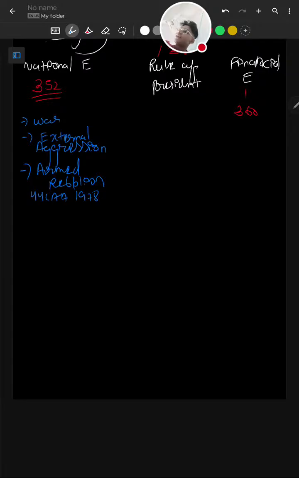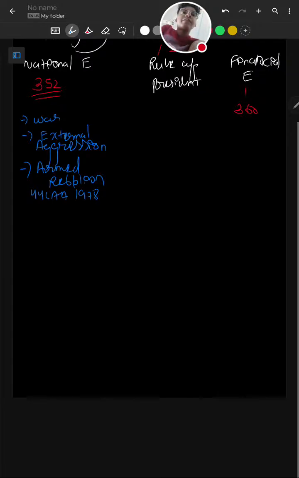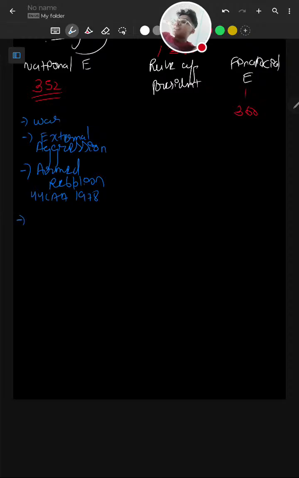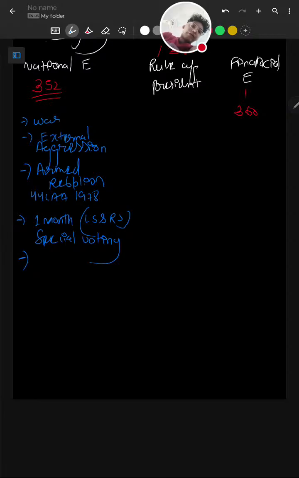Now, national emergency, there are some steps here. When national emergency is applied, on the day it is announced, it goes to the Lok Sabha and Rajya Sabha within 1 month with special voting. National emergency can be applied for an infinite period of time, but only in periods of 6 months.